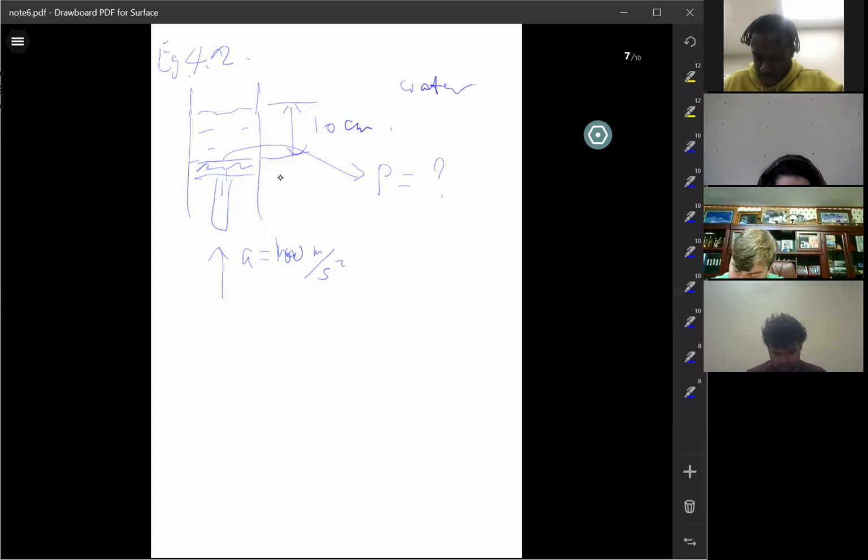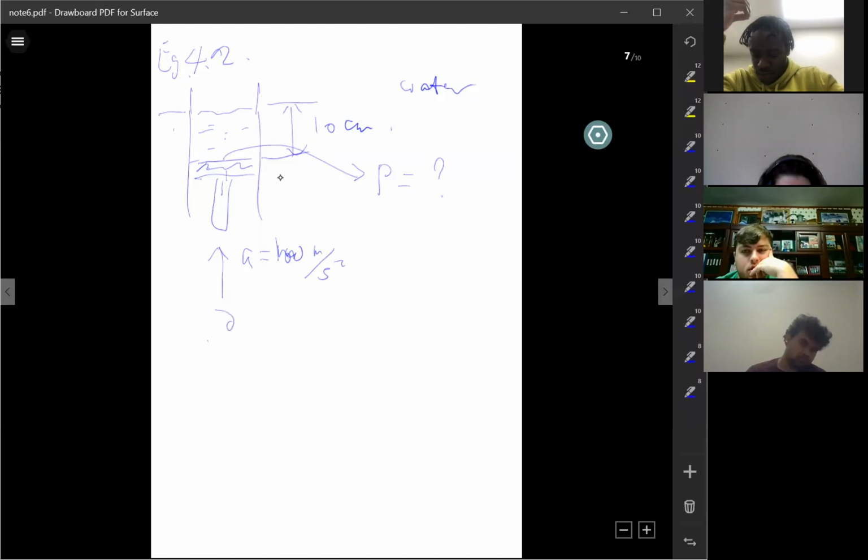I don't know if I can finish this problem, but let me at least start it. So you're going to write the equation for the fluid column. Your equation will be, since it's 1D, you can actually use d, d of P plus gamma Z. You don't know what P and gamma are.